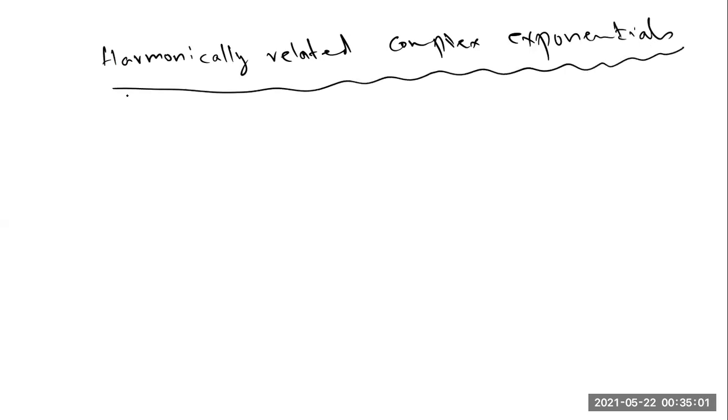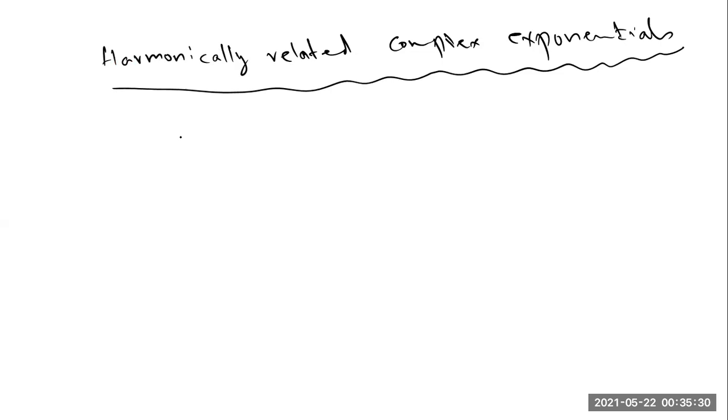Just to remind you, what was the concept? There are a number of complex exponential signals, all of them periodic with a different fundamental period. But why are they called harmonically related? Because there is one period that is common for all of the complex exponential signals. Based on that, we call them harmonically related complex exponentials.